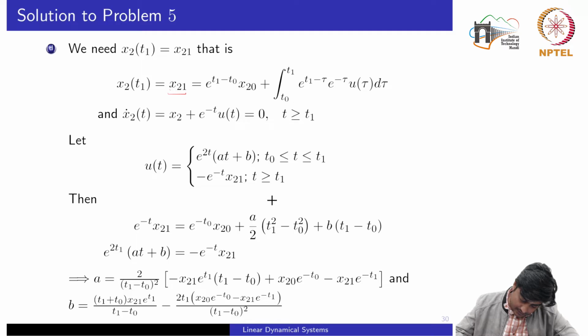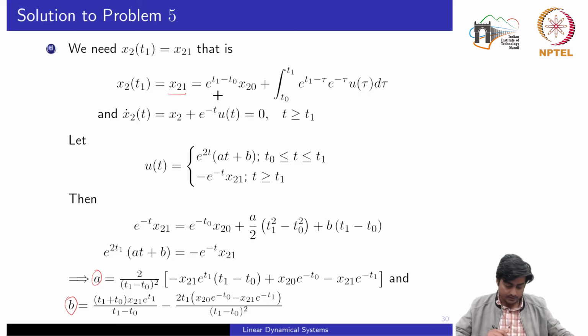Again simplifying these expressions, we finally obtain this a and b, and if I put this a and b here, this control signal, which is again an open loop control signal, there is no feedback path, which would be the topic of week 5, has given us the desired objective: the state trajectory has reached x21 at time t1 and it stays there afterwards.